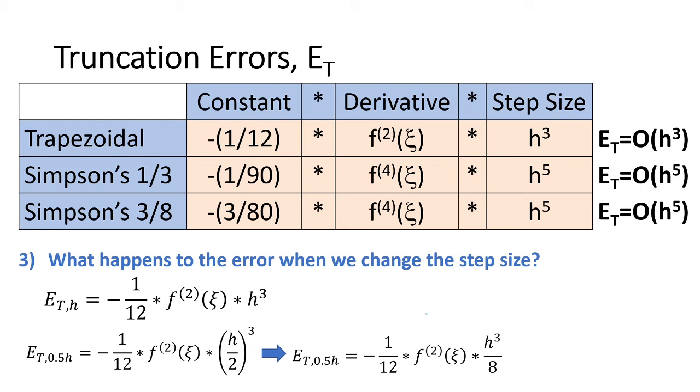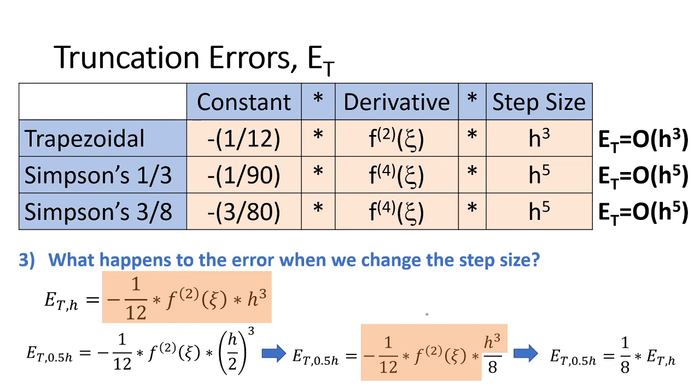So compare this portion of the equation, we can see that it is exactly the same as the original truncation error equation when the step size is h. So therefore, we can substitute E(h) into this equation, and we get E(0.5h) is equals to 1 over 8 multiplied by E(h). So this way, you can also calculate what is the changes to the truncation error when you make changes to the step size.